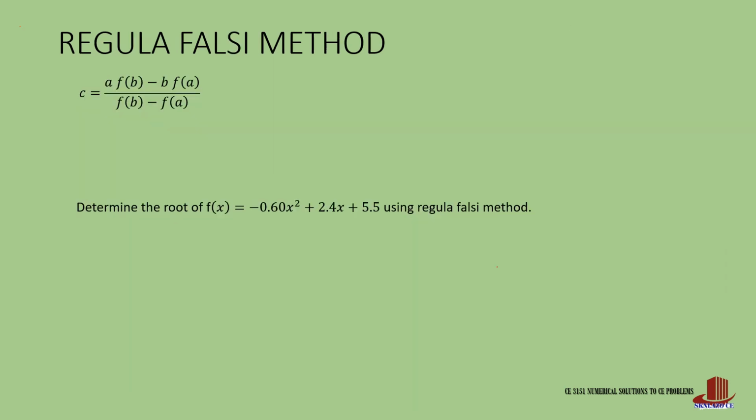The next bracketing method is regula falsi or false position method. In this approach, instead of using random intervals or the average of the limits, linear interpolation is used. Thus, the computation of the new value of x is through the formula shown.